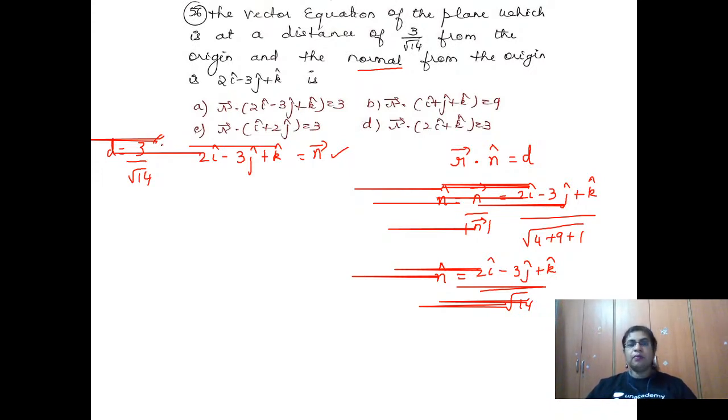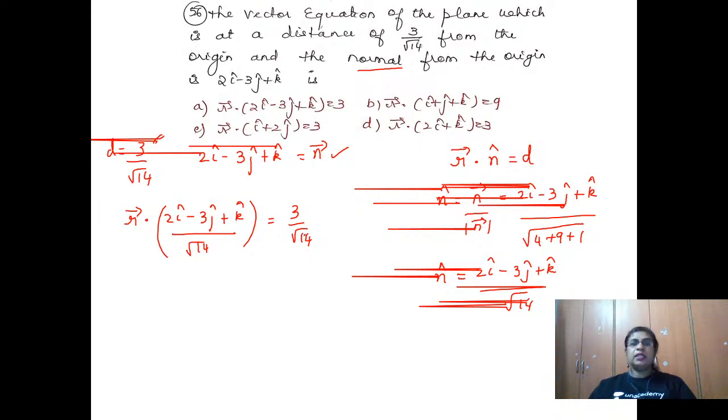So that will be the distance from the origin. So therefore substitute in that equation. R vector dot n cap, which is 2i cap minus 3j cap plus k cap whole divided by root 14, is equal to D, which is 3 by root 14.